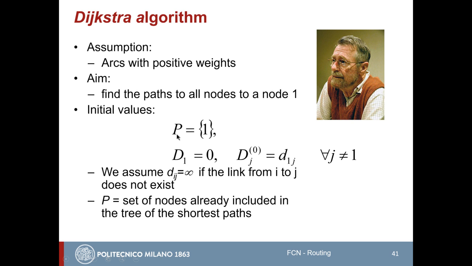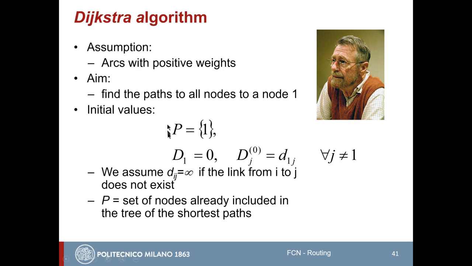But then we also have to set another variable, which is actually a subset of nodes, the subset that corresponds to the already calculated shortest path tree. Okay, so the tree of all the shortest paths starting from a given source and going to the other nodes is a set, and this set is updated during the execution of the algorithm.